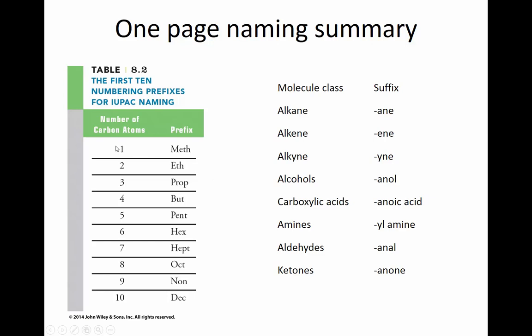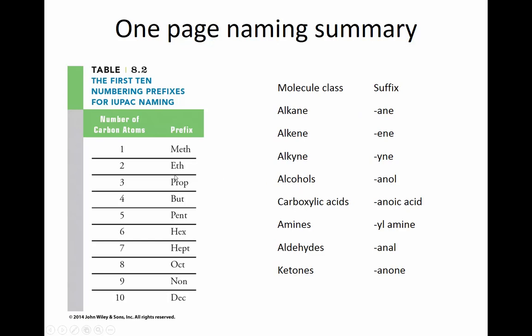So the prefix for a lot of organic compounds depends on the number of carbon atoms. So we have 2 carbon atoms, we'd use ETH, as in ethanol or ethylene. And if we have a different type of molecule class, things like propane, alkanes, ane would be the suffix.